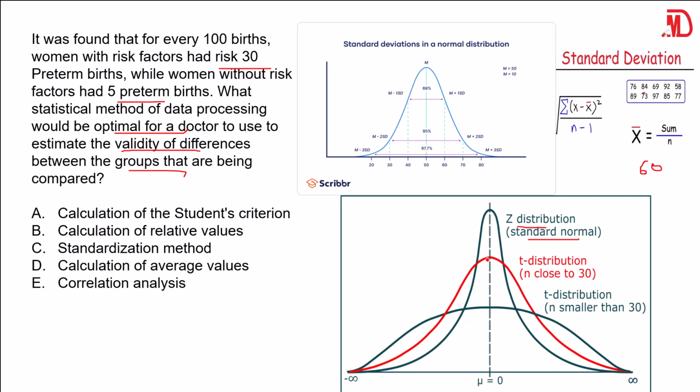In other words, we are not too sure of the total number of people. Then again, we are using the student's distribution or the t distribution, or the student's criterion.